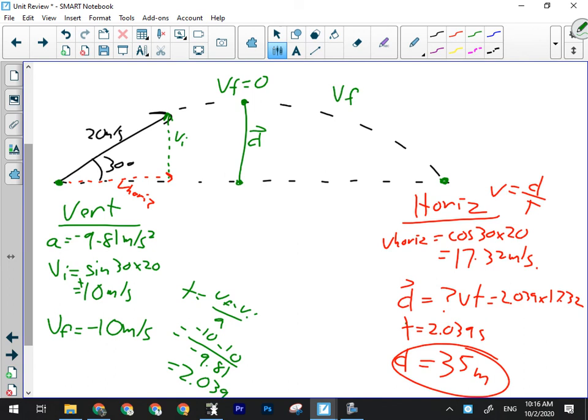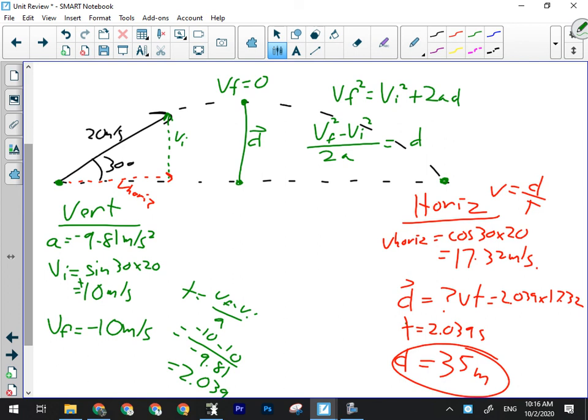So I'm going to use this formula, VF squared equals VI squared plus 2AD. I'm trying to find D, so I'm going to subtract VI squared, and then divide by 2A, and that'll leave me with D. What do people mess up when they use this formula most often, do you suppose? They forget to square. When they use the other formula, they forget to divide time in half.